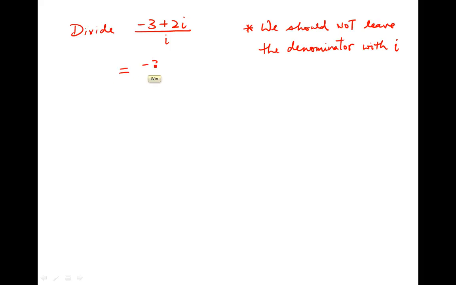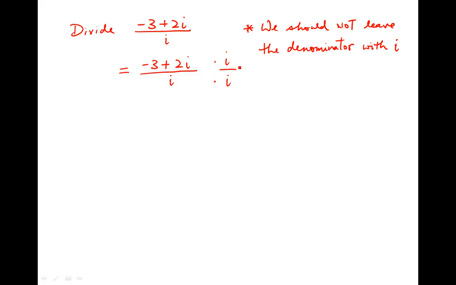What can we do? How can I get rid of the i in the bottom? I could multiply this by i, because i times i becomes negative 1, no more i. But if I times the i in the bottom, what do I need to do on the top? I need to times the same i also. So it's i over i, which really means it's 1, right?